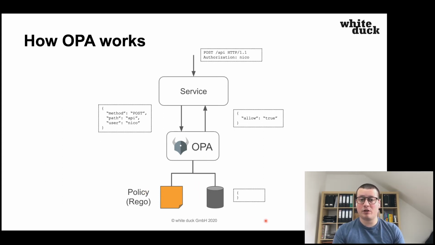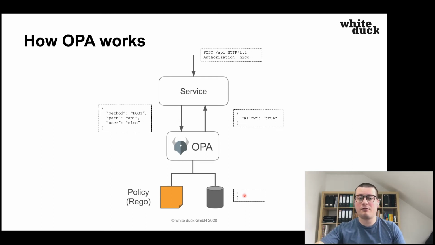There would be the option to extend the data we send to OPA with more data provided to OPA. So this is for, let's say, more advanced policies where you don't just need the information from the service, but also need some other information in place.